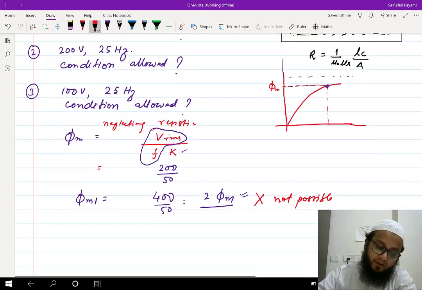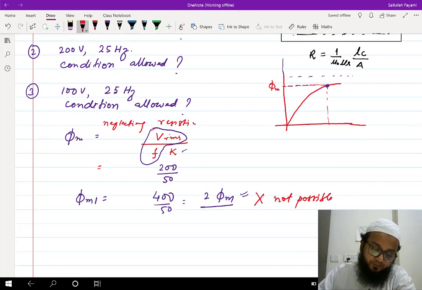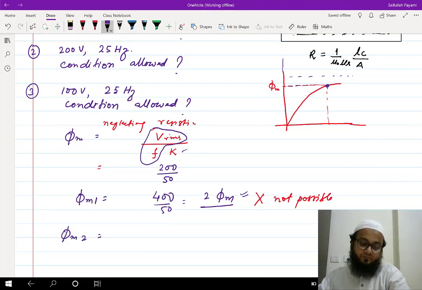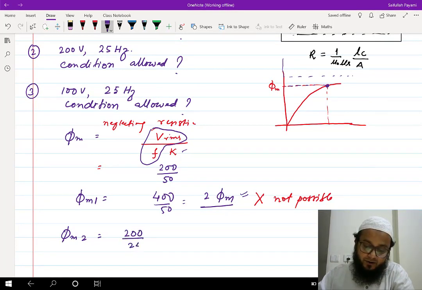Now what about phi m2? This is 200 by 25, which is again twice phi m, so this is also not possible.